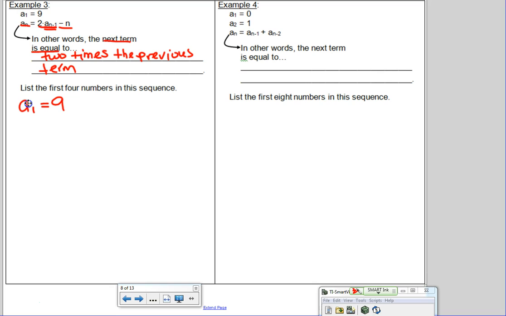So I'll say 2 times the previous term, then subtract the term number.